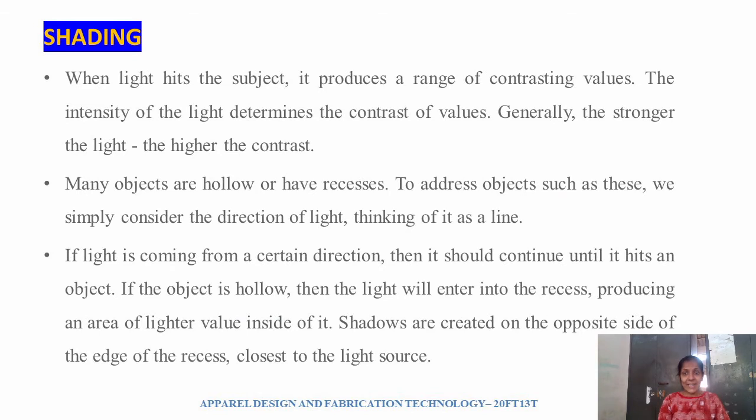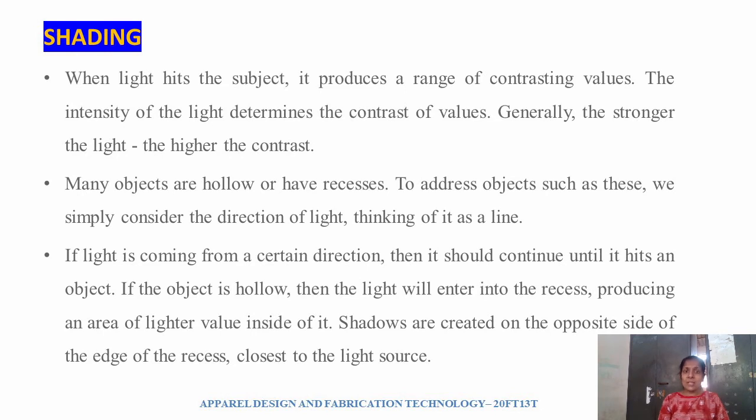When the light hits the object, it produces a range of contrasting values. The intensity of the light determines the contrast of values. Generally, the stronger the light, the higher the contrast. If the light is strong enough, then the contrast area will be higher in contrast.